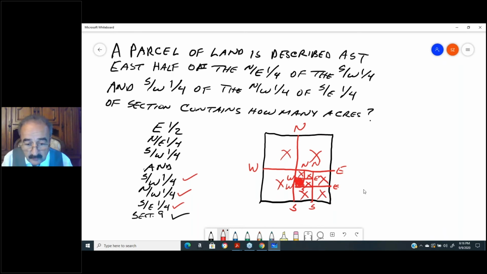So, I'll get my eraser. Okay. So I'm keeping that one little part I found. I'm going to erase everything else.